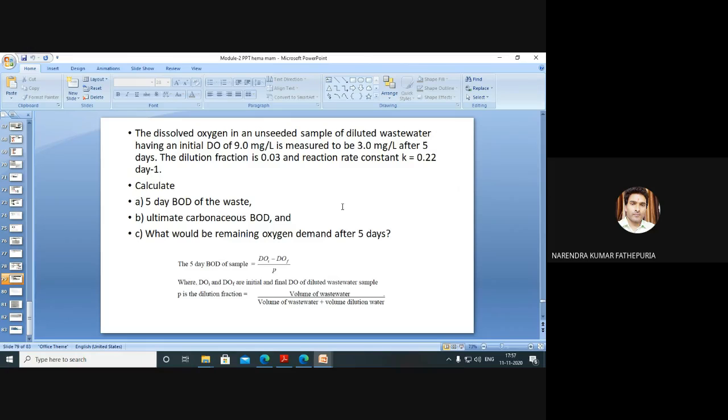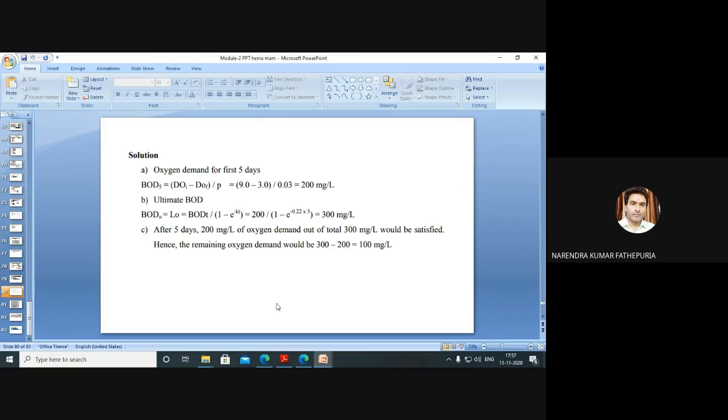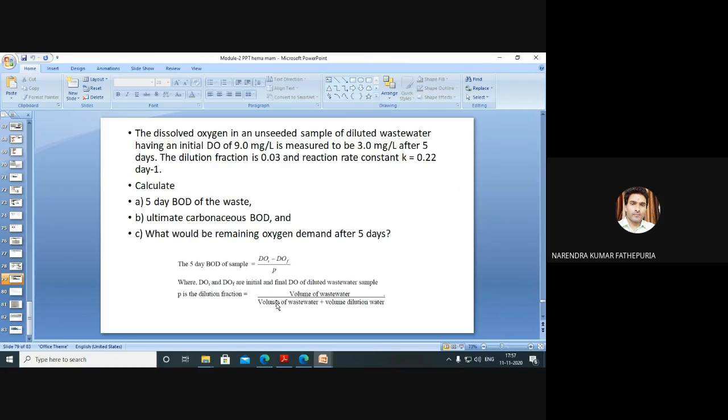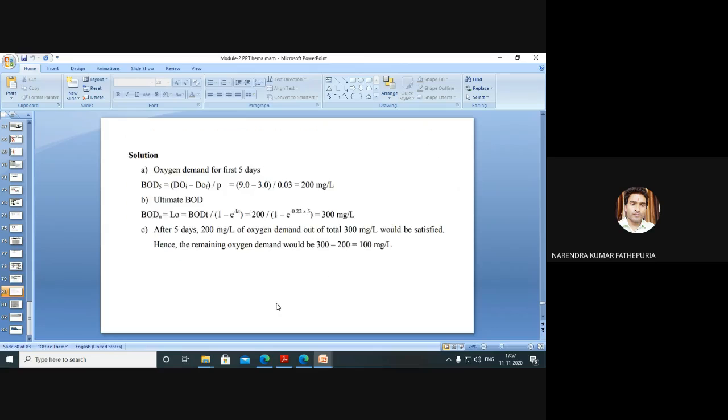Another example: the 5 days BOD of the sample you have to calculate. Ultimate carbonaceous demand you have to calculate. What would be the remaining oxygen demand after 5 days? This is the common formula: DO initial minus DO final, divided by the dilution factor P. The dilution factor P is the volume of wastewater divided by the volume of wastewater plus volume of dilution water.